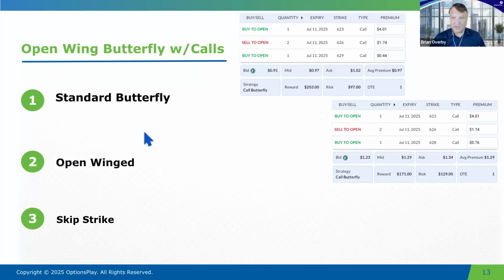But I was going to look at all 3 of them, and this is what I say. Here's the Smackdown. Here's the Showdown. Here's the Battle. If I'm doing a 3-point wide butterfly in the SPY, and we're going to talk about the SPY, I prefer the SPX because of assignment and cash settlement. But the OptionsPlay platform doesn't support it. So I'm going to use the platform to go through these.